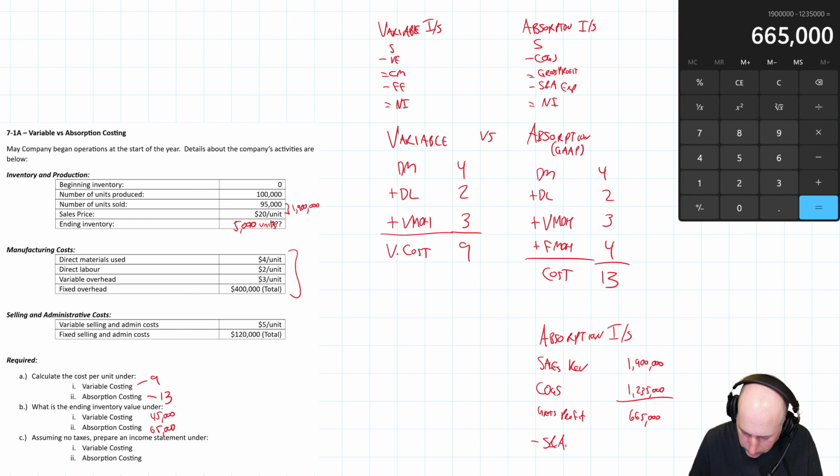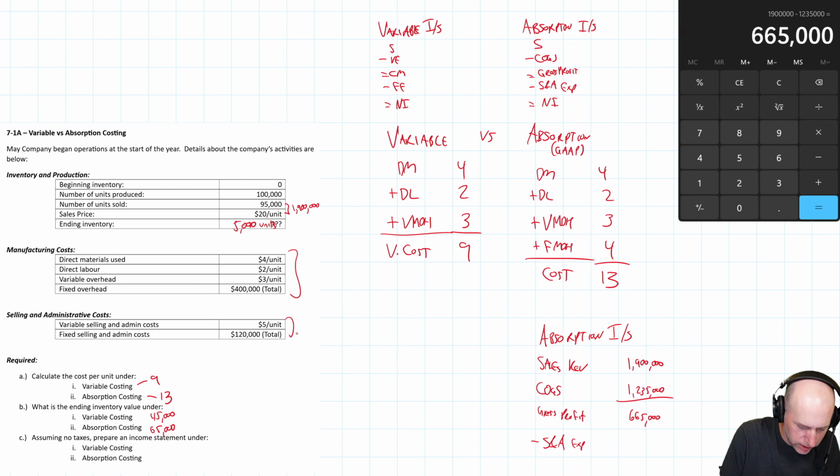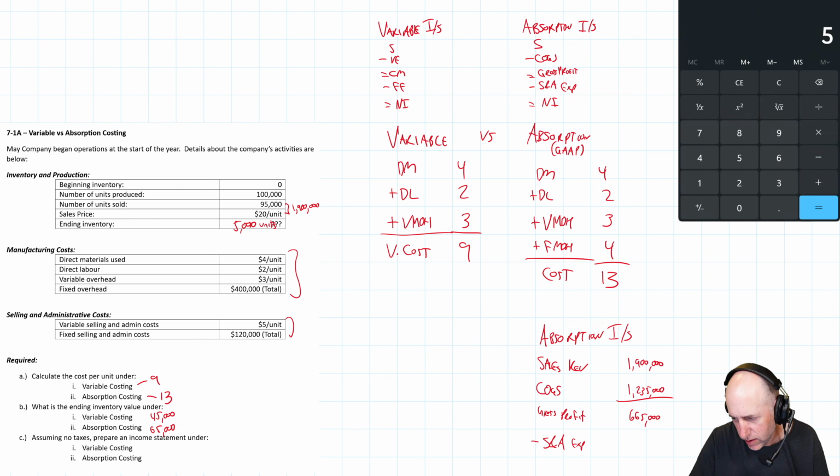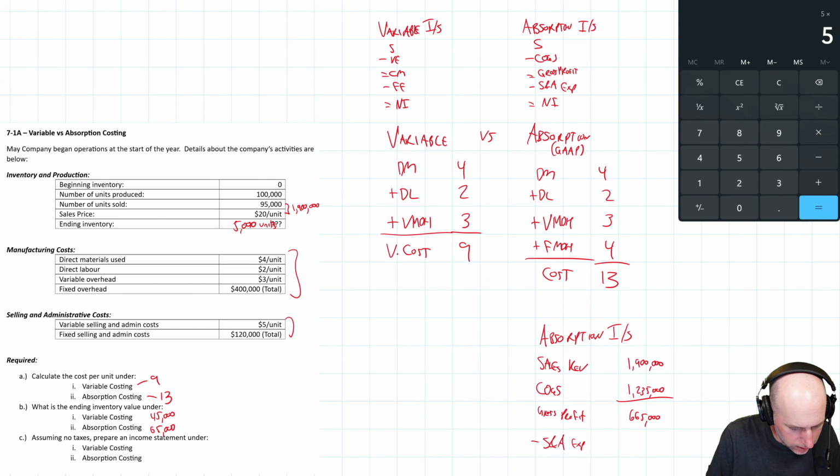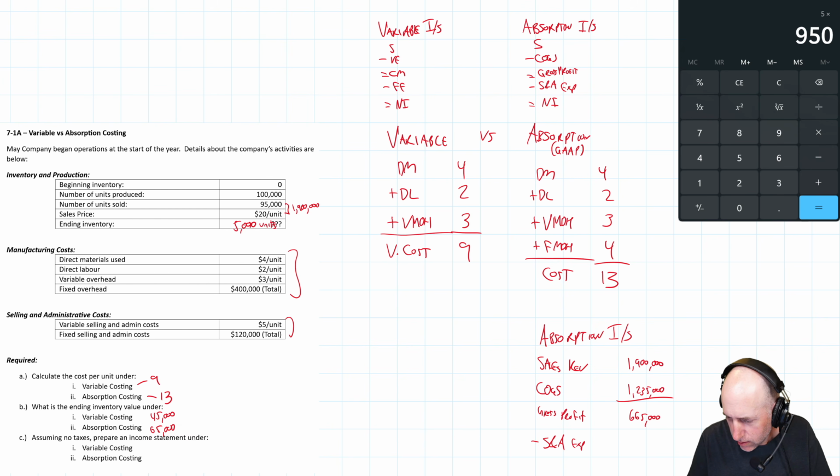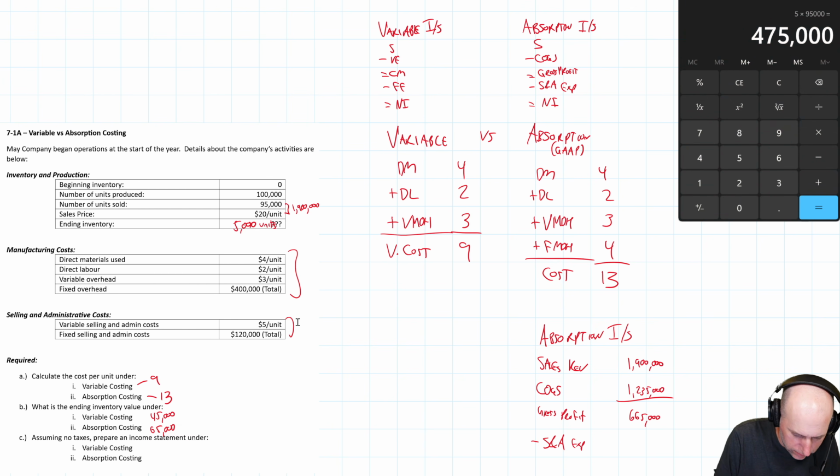Minus selling and admin expenses, and our selling and admin is down here, $5 a unit. We sold 95,000 units. So variable, of course, is going to be things like commissions on units sold. So 5 times 95,000, 475,000.